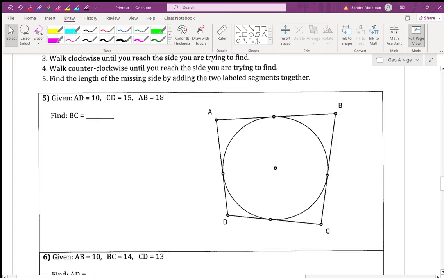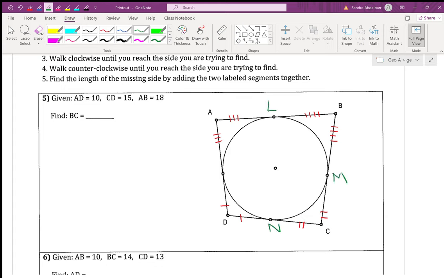So, do we all agree the two tangent theorem applies here? All right. Do you see all the points that don't have letters? Let's give them letters. Let's call them L, M, N, P, just so I can refer to them.